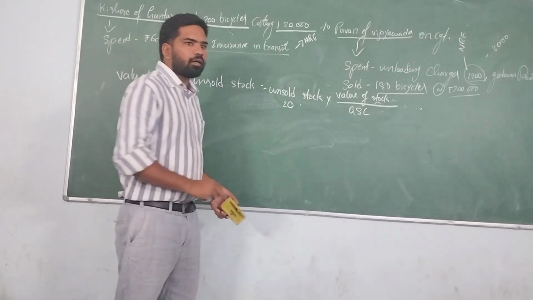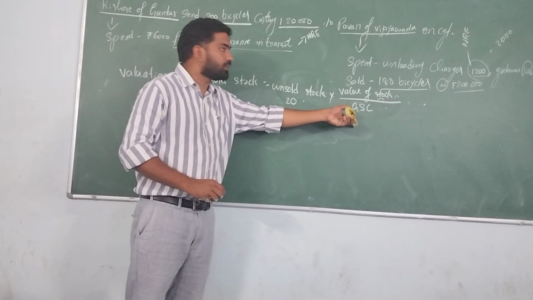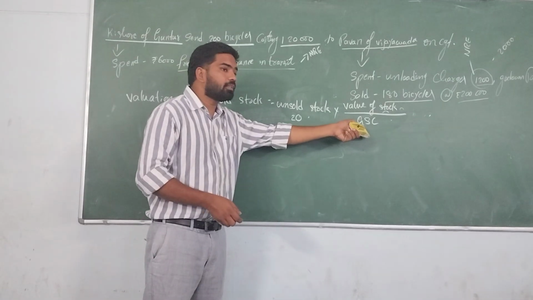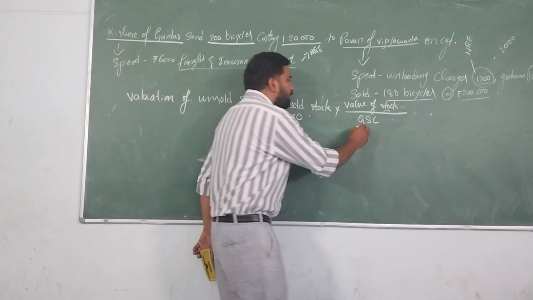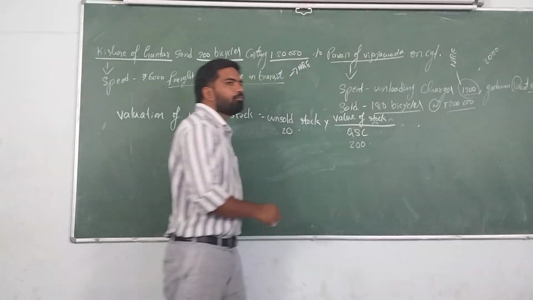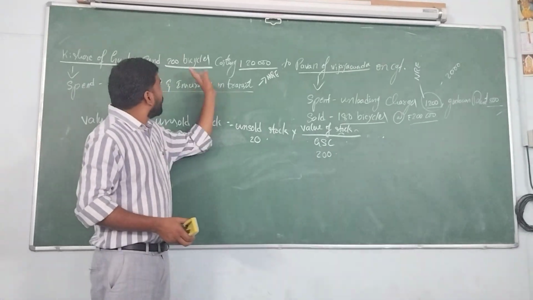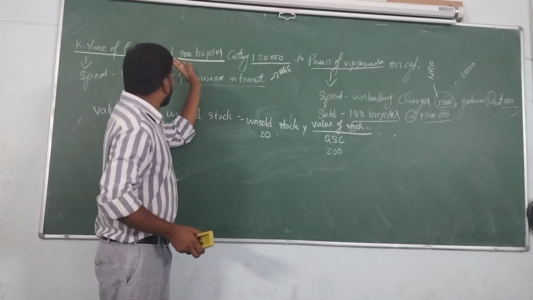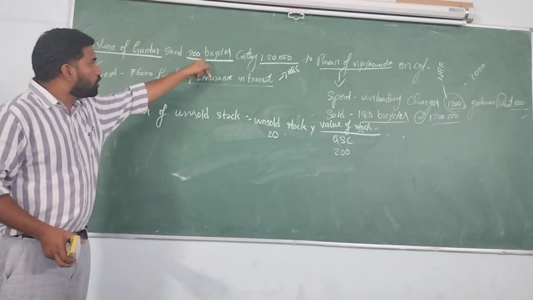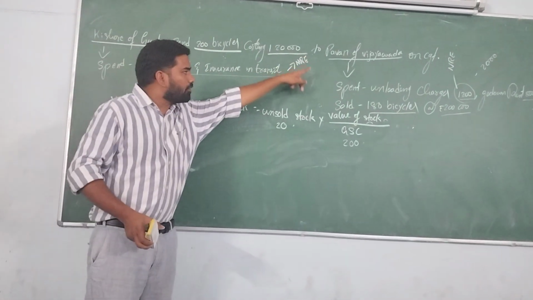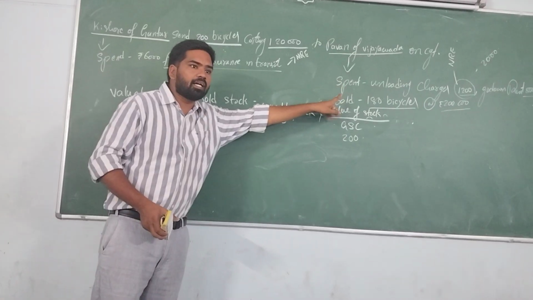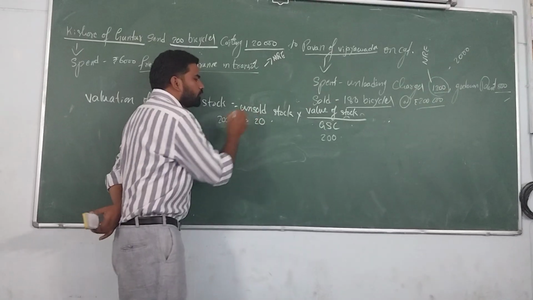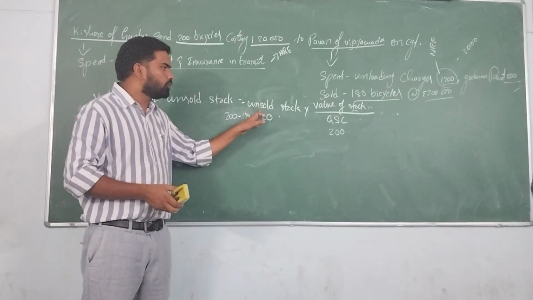Kishore sent 200 bicycles to Pavan. Pavan sold only 180 bicycles. So 200 minus 180 equals 20 bicycles is unsold stock.